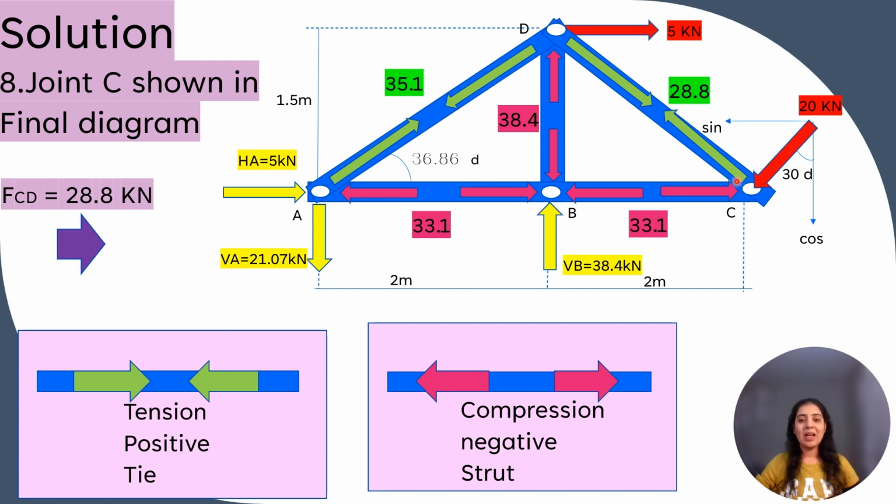So at member CD, it is tensile force of 28.8. See the sign convention. The arrow for tensile force, that is for positive force, is the arrows acting towards each other for the member, or the arrow is acting away from the joint.